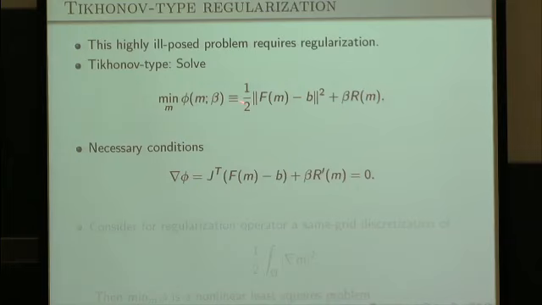We minimize an objective function phi, which is the norm of the misfit, the predicted minus the observed data, plus coefficient beta times the regularization operator R of m. Necessary conditions: we see for the first time this sensitivity matrix here coming from taking a gradient of this term. And then here we have the gradient of the regularization operator R.